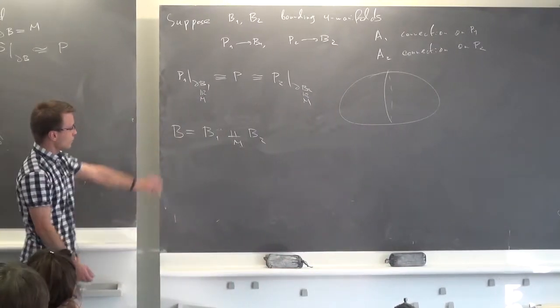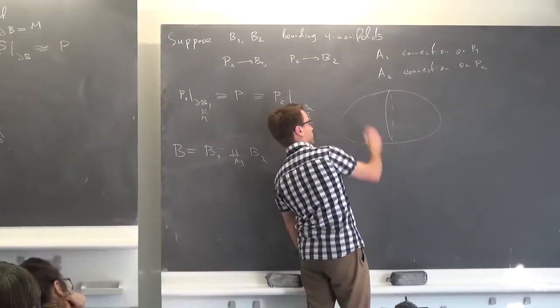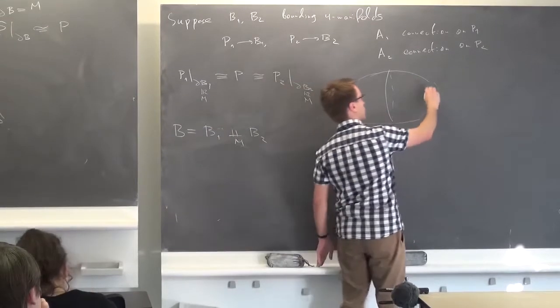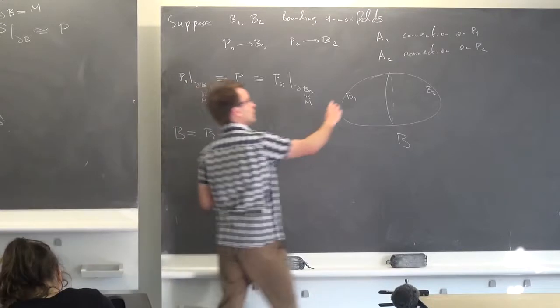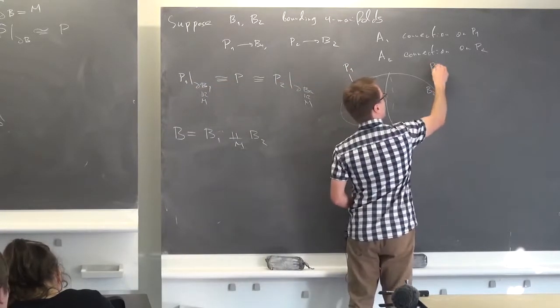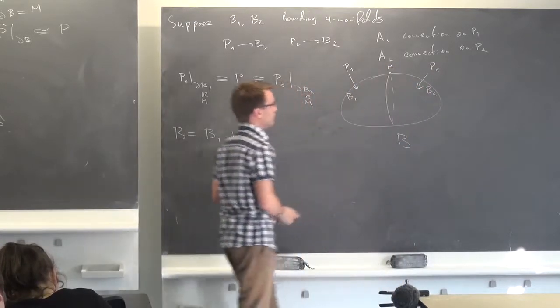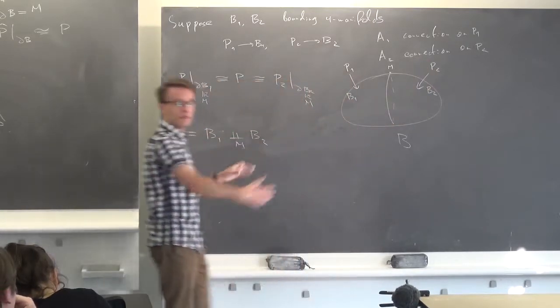Okay, so anyway, you have this 4-manifold, and this is my B, has one half which is B1, another half which is B2. Over here you have P1, over here we have P2. This is my boundary, which is M. And on the boundary, these 2 principal bundles coincide.